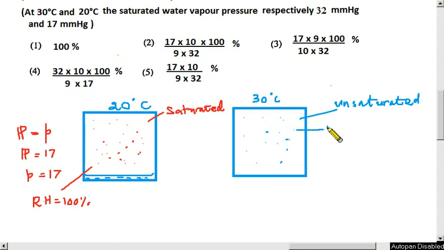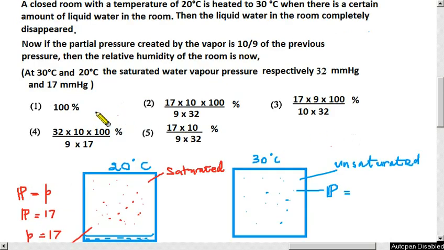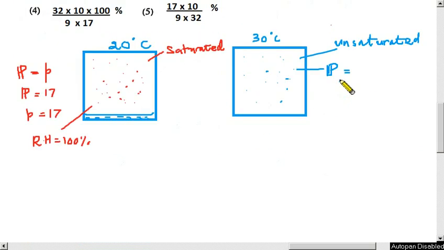So that means capital P and simple P are different. Capital P is given when the temperature is 30, it is 32 millimeter Hg, millimeter of mercury. So simple P, we don't know.